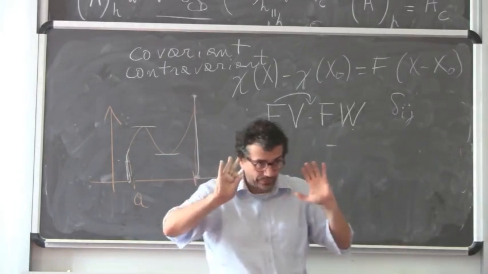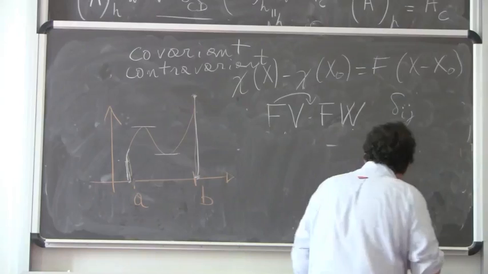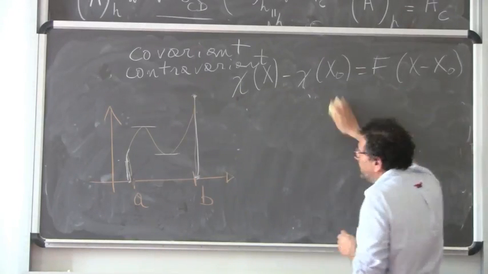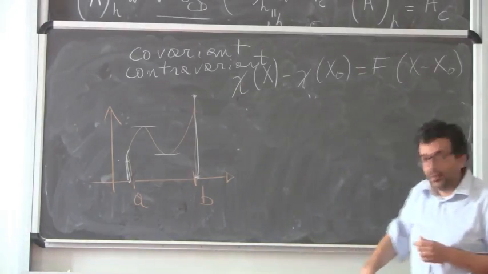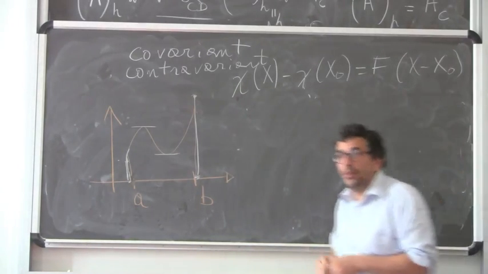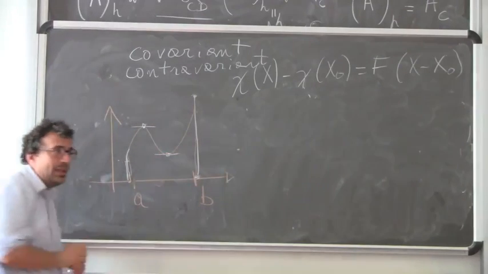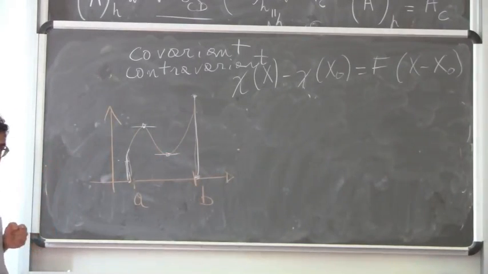Okay, now let's go back to our standard case. How do you prove that a point where you have a maximum and a minimum has zero derivative?